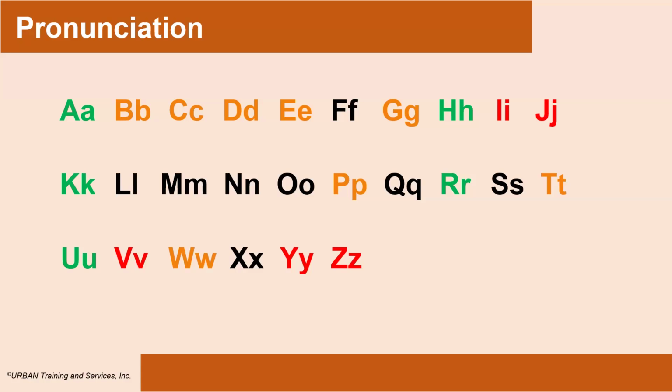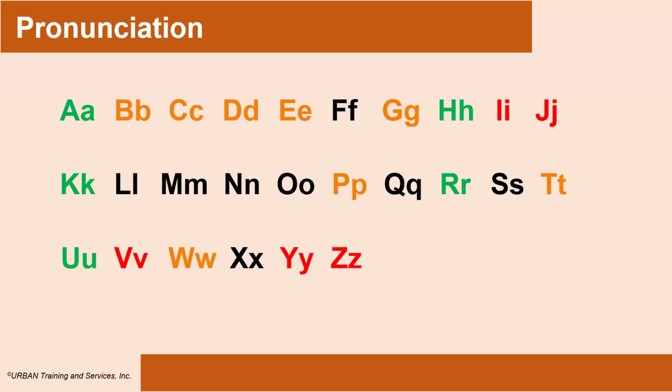And then the ones in red, they are particularly strange or difficult for most people. So I'm going to pronounce them in the order they appear. I, J, V, Y, Z. Surprise, surprise. Maybe, maybe not.